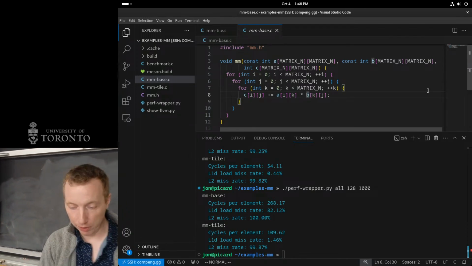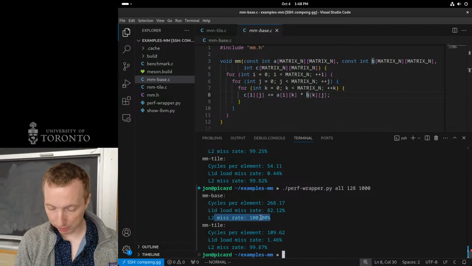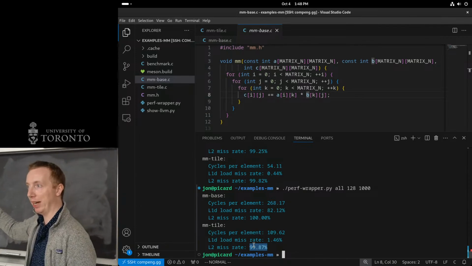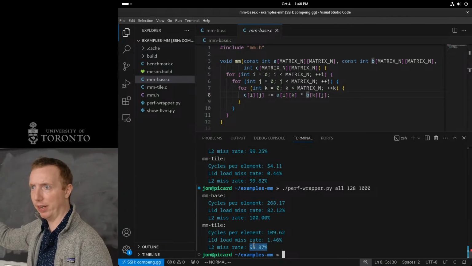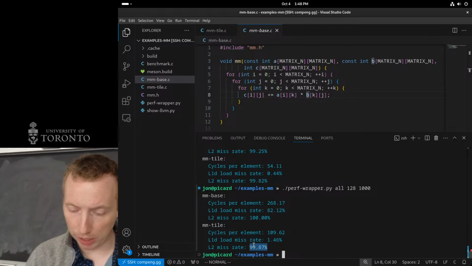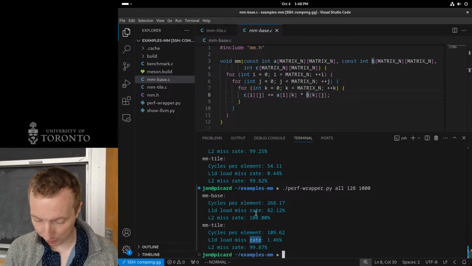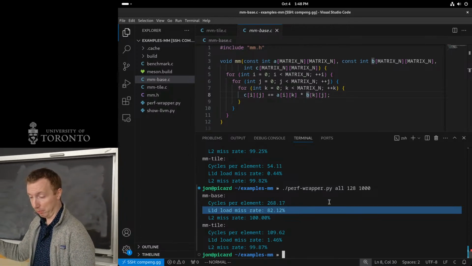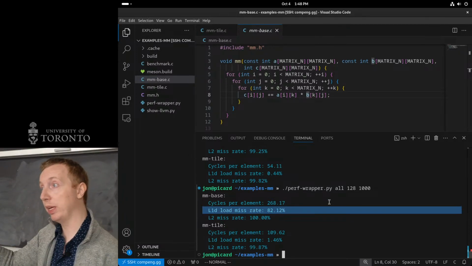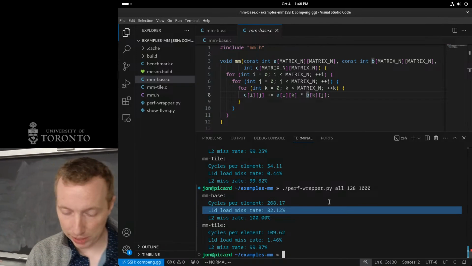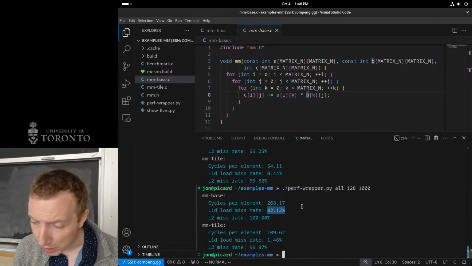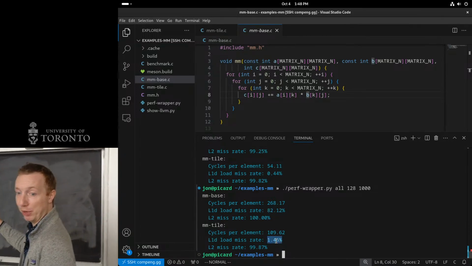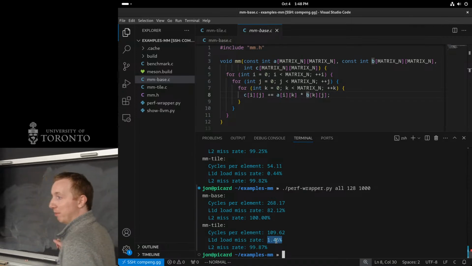My L1 miss rate is 100%, which tells me that my array kind of fits into L2 cache, so this is primarily the effect from the L1 cache. Just by accessing tiles and actually reusing the columns I bring into memory, I get my miss rate from 82% all the way down to around 1%.